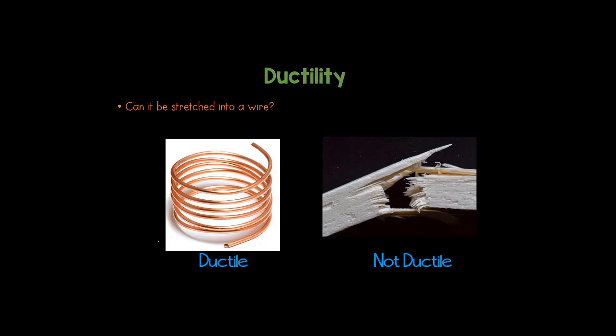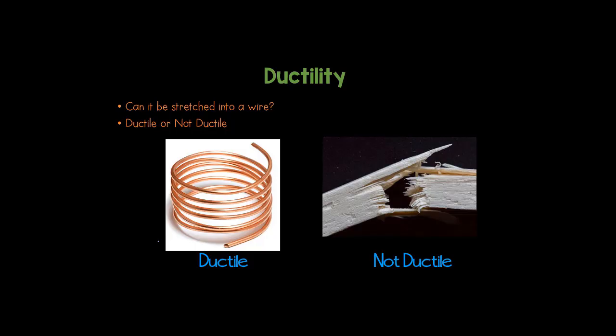But that does not mean that all malleable materials are ductile. There are some malleable materials that can be bent and squeezed, but they can't be stretched. So ductile materials are malleable, but not all malleable materials are ductile. And your describing words for ductility will be ductile or non-ductile.